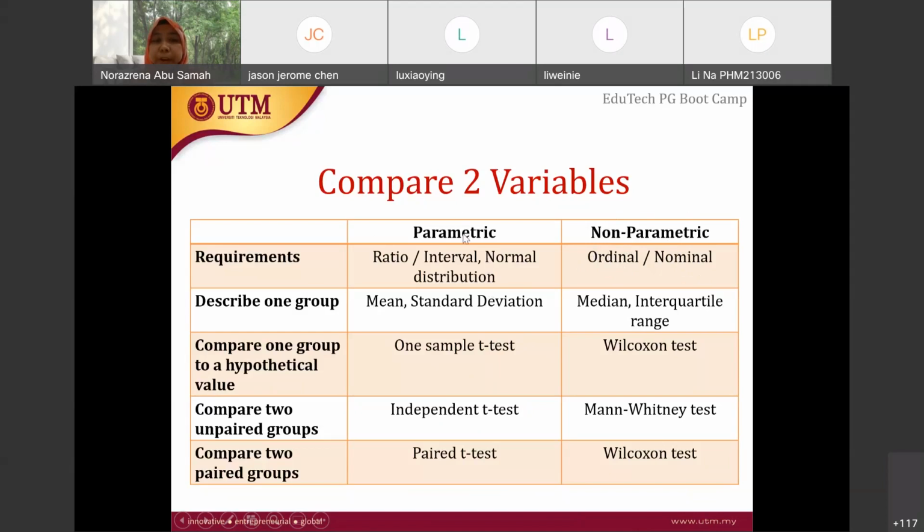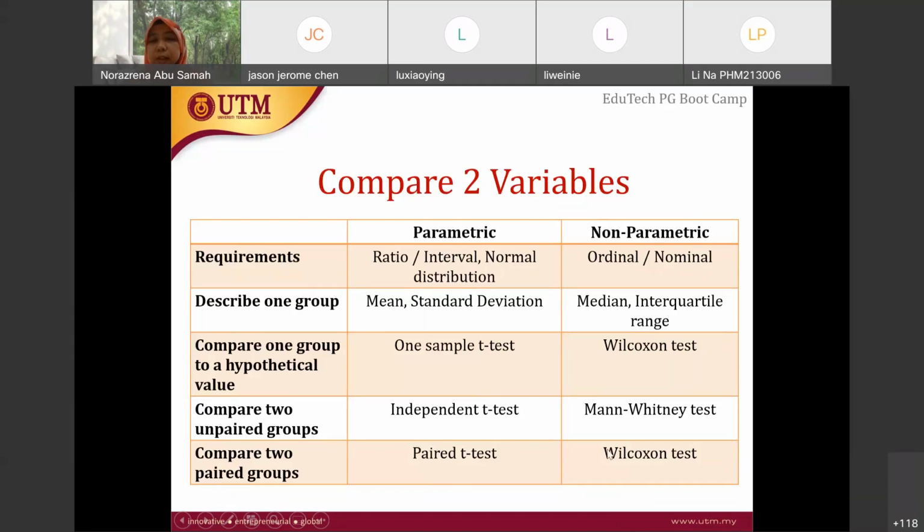For a parametric test, you will find the mean and standard deviation, while in non-parametric, you will find the median and interquartile range. This is what you will write in your thesis. If you run the parametric test, you must have the mean and standard deviation.